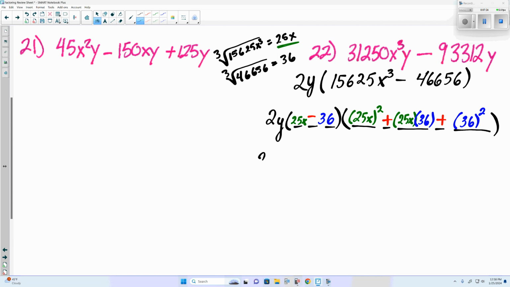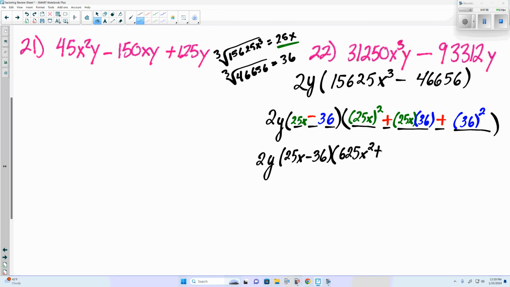Now when simplifying, the 2y times 25x minus 36 doesn't simplify. That's already as simplified as it gets. The first one we need to simplify is our 25x squared. So really we're multiplying it by itself, 25x times 25x. Our 25 times 25 is 625. And our x times x is x squared.